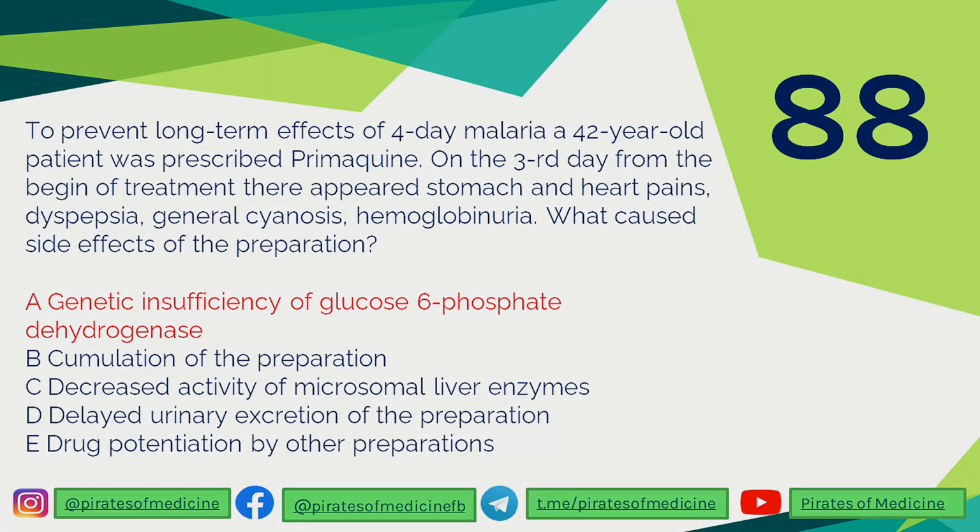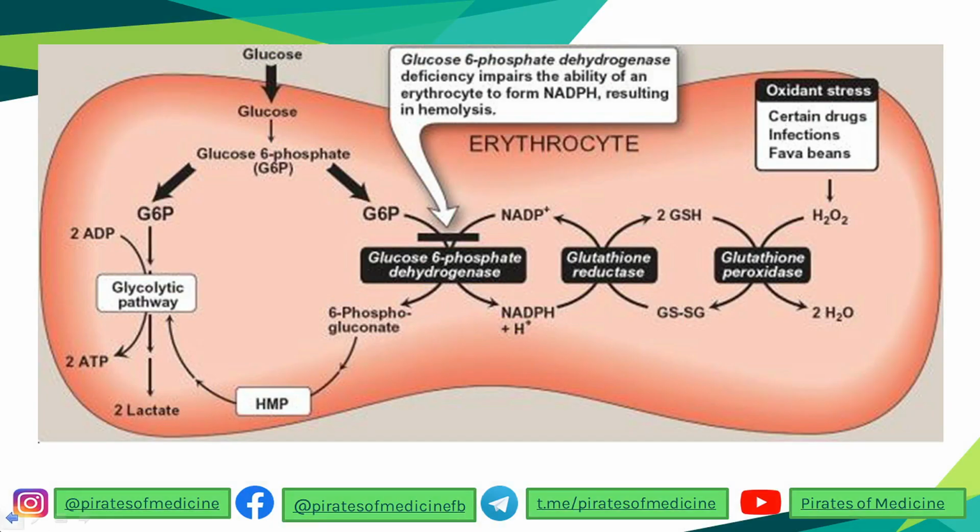So first of all, let's look at the erythrocyte and an important mechanism that you all should know. Basically our erythrocyte does not have mitochondria. So what it needs for preparation of energy is a special mechanism, and that special mechanism is the HMP pathway or hexose monophosphate pathway.